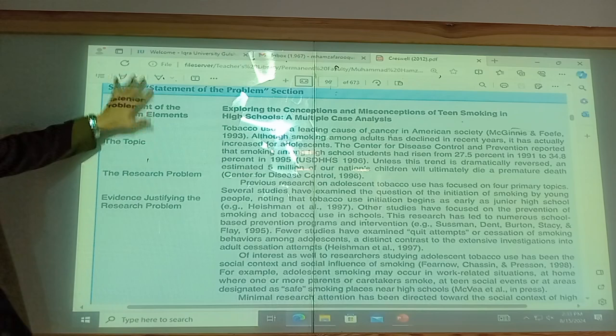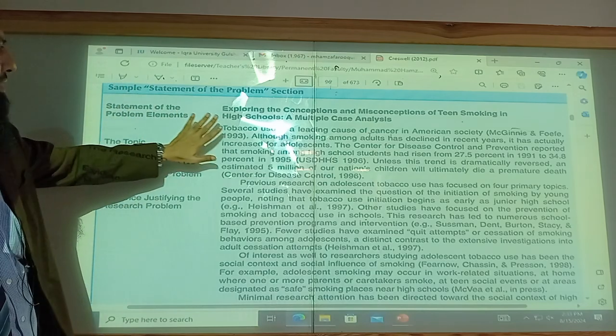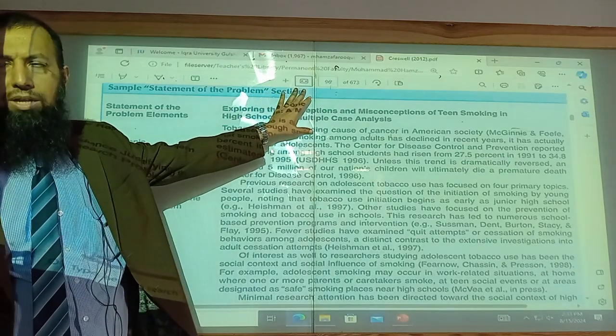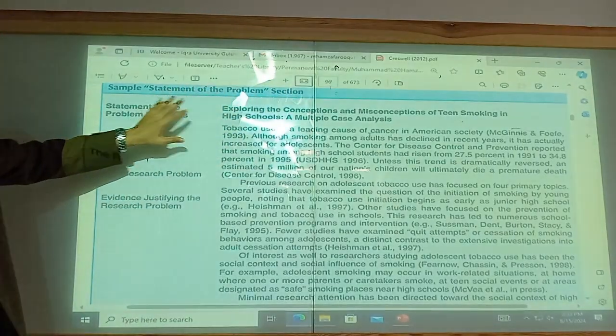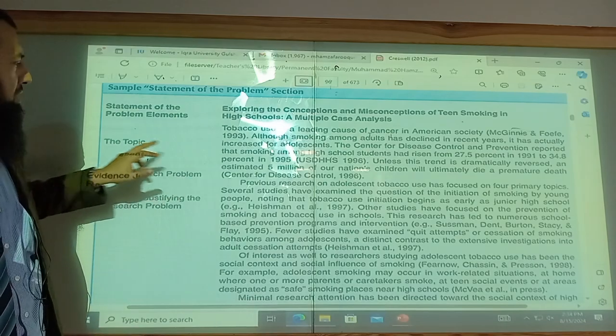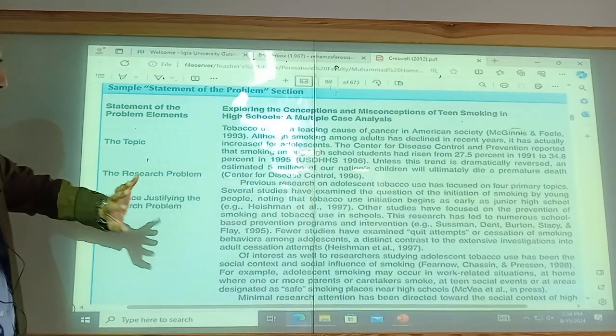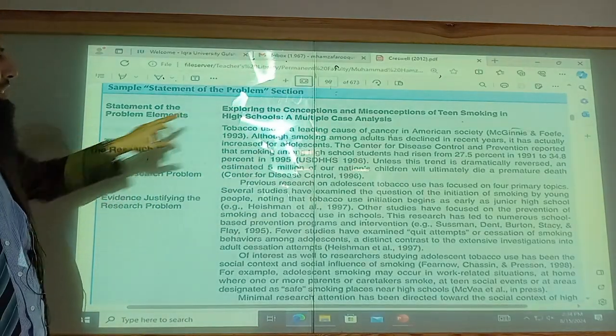The statement of the problem starts with the topic of the study. Topic: tobacco use is the leading cause of cancer in American society. The topic is there.